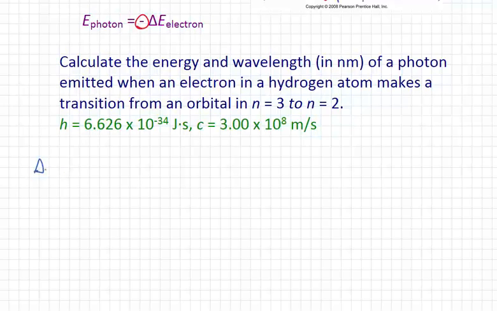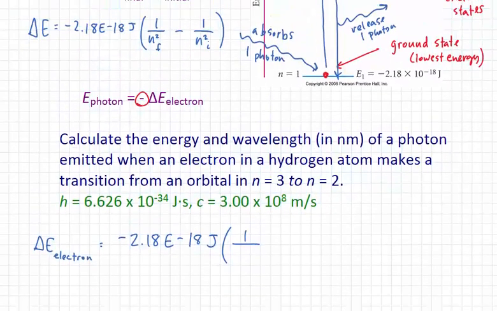Let's start with delta E of that electron. And just copy that delta E equation, minus 2.18 times 10 to the minus 18 joules. Now, look right up here.